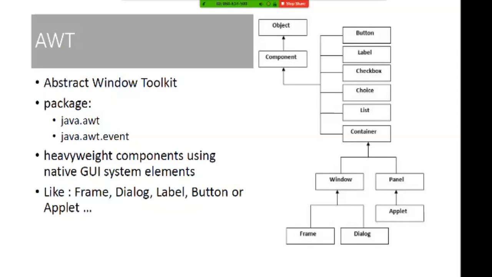So mainly we divide the components into two parts: one for input and output directly to the user, and the second for containers, which create windows, frames, and structures. These provide the framing structure for how we can arrange our controls from left, right, top. So these are the components we use for structuring our GUI programming. Clear? Okay.